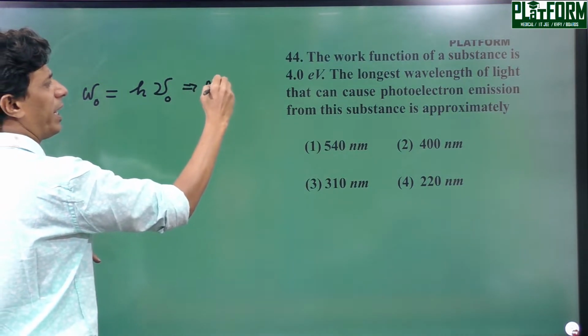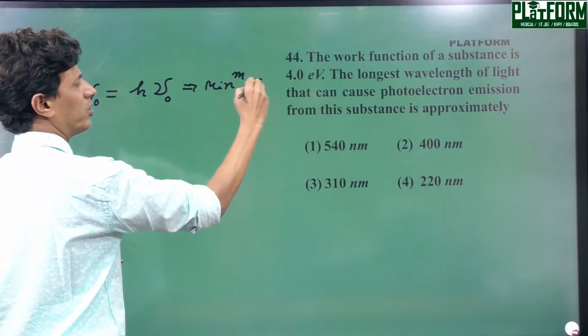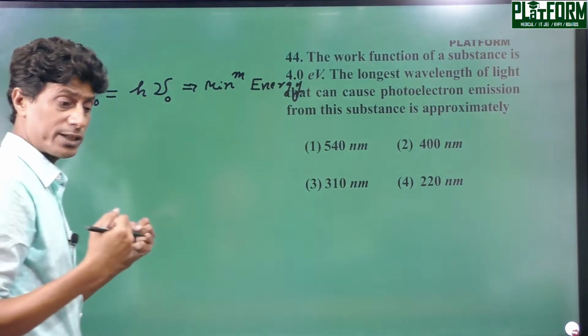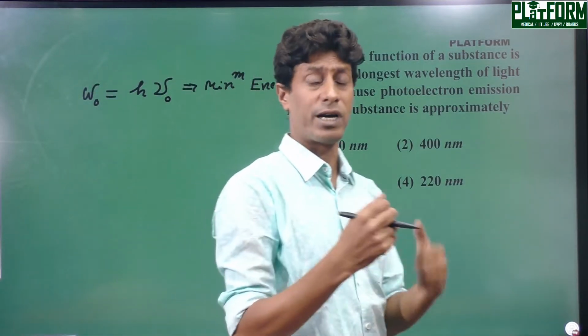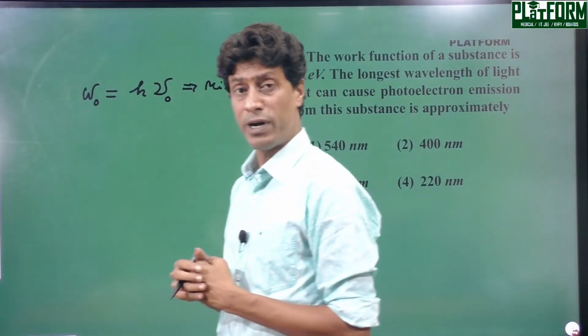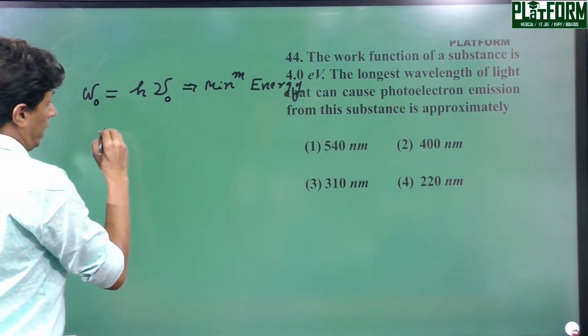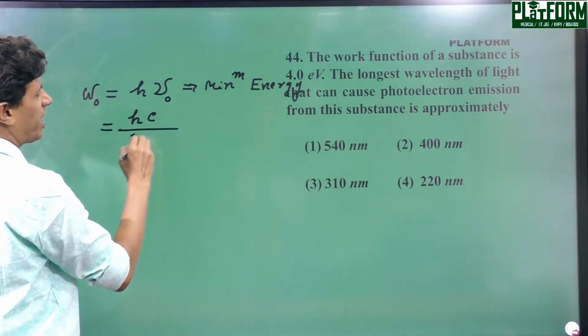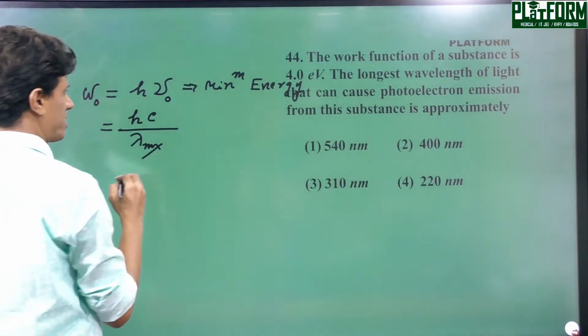The minimum energy required to eject an electron from the metal surface is known as the work function, and it is hc by lambda max.